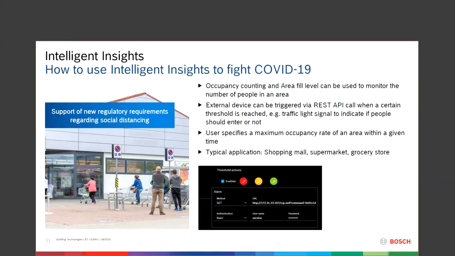So we can easily use that. We have a solution which we developed pretty recently when the Bosch camera and the smart monitor from Philips were joined together. But with Intelligent Insight, you can actually display the warning light and the counter widget on any monitor and use it as this kind of system.